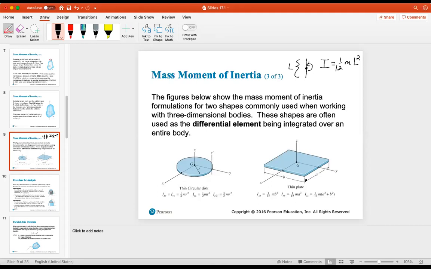Similarly for the y-axis, you get a similar formula. Interestingly, about the z-axis, where you are exposed to the entire area, it's the length squared plus the width squared that appears, with the same 1/12 factor. Those are things that we derived in Physics 1, and we'll use those to build up more complicated shapes.